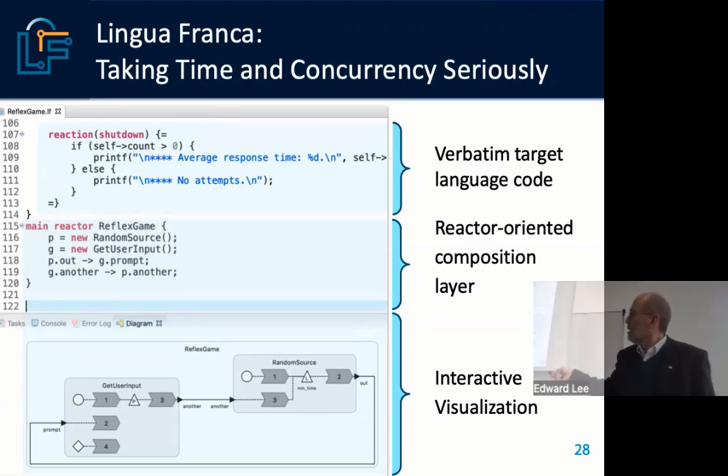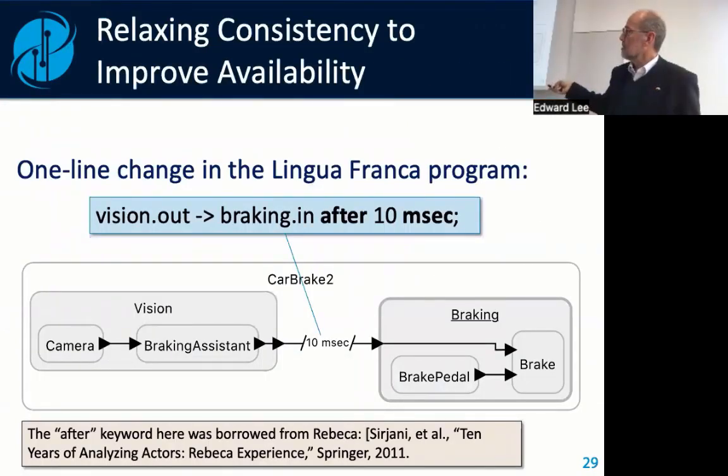So for example, this braking assistant system that I have been using as an illustration, as a Lingua Franca program. By the way, the diagrams that I'm showing are automatically generated as you write these programs by the Lingua Franca tools. So you don't draw these separately. So this connection here says that the vision system is going to send a message to the braking system, and it's going to inject a modification of the timestamp.